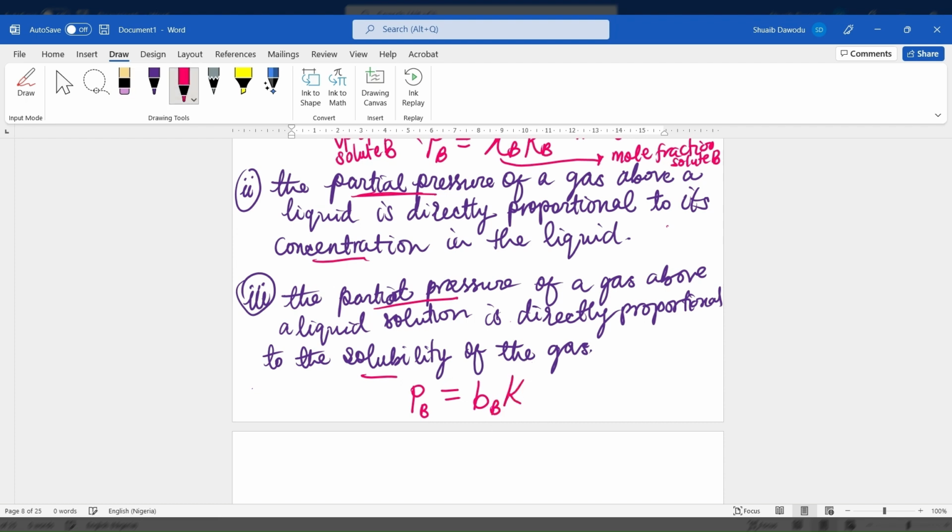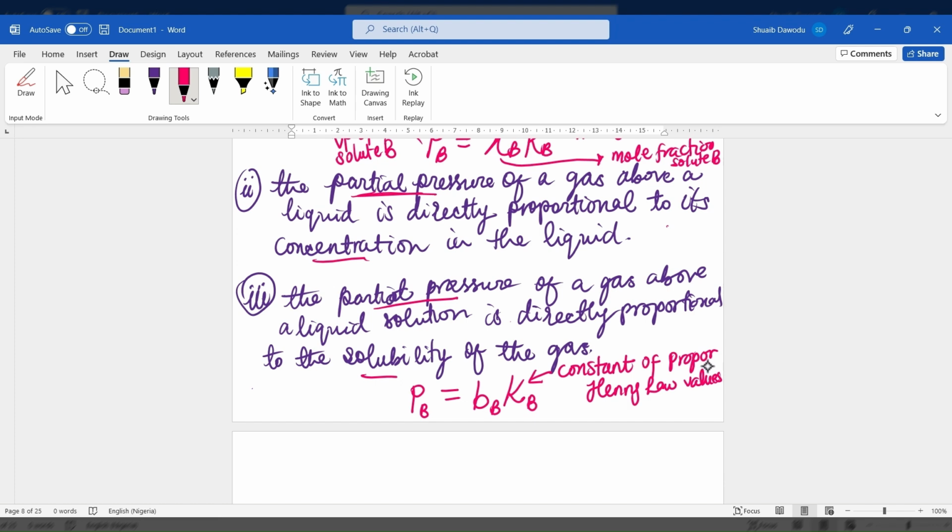multiplied by K sub B, where K is the constant of proportionality of Henry's law, or the Henry's law constant. Each value is going to be different depending on the compound or the molecule in question.